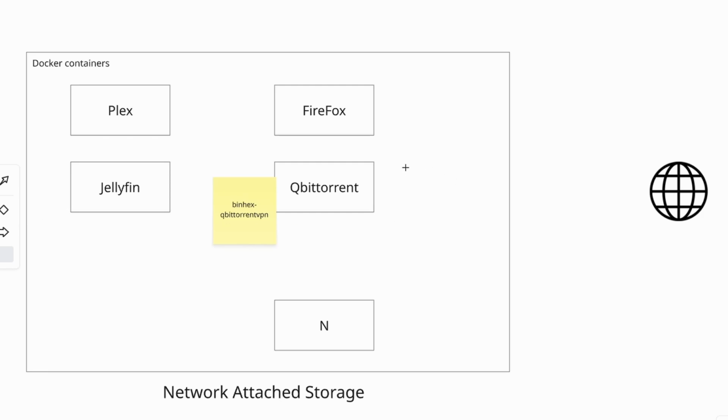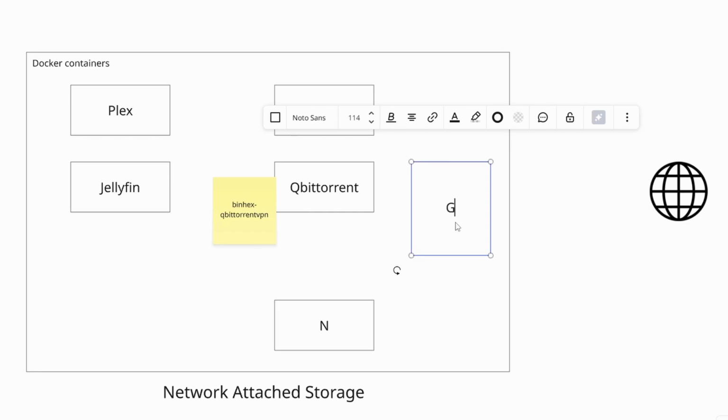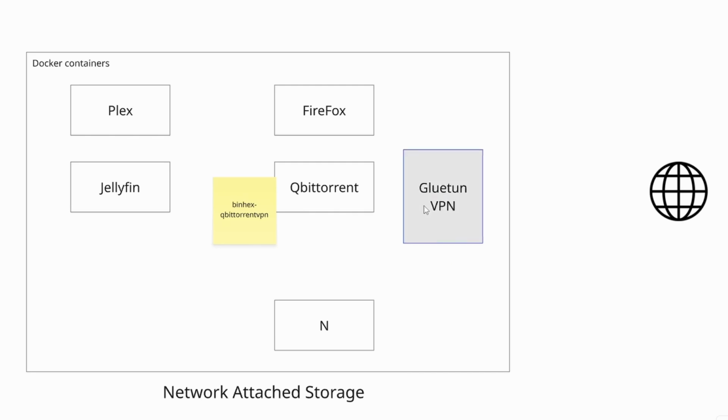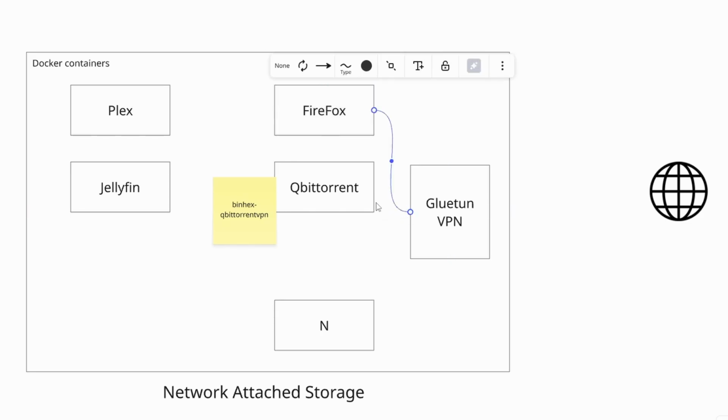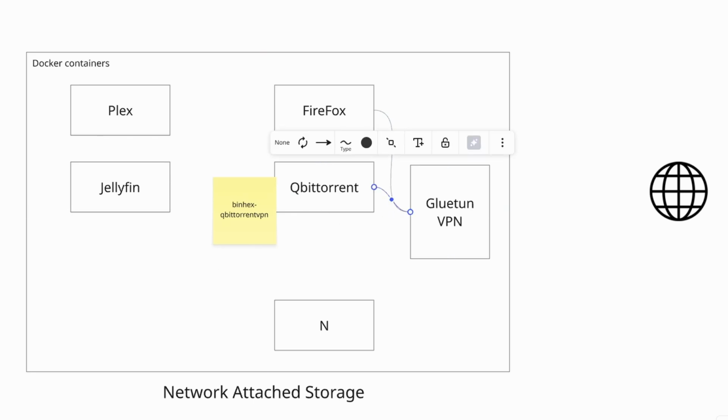So what we can do instead is have a Docker container such as Gluetun VPN, and just configure this one with the VPN credentials and route each of the other Docker containers through this Gluetun VPN.